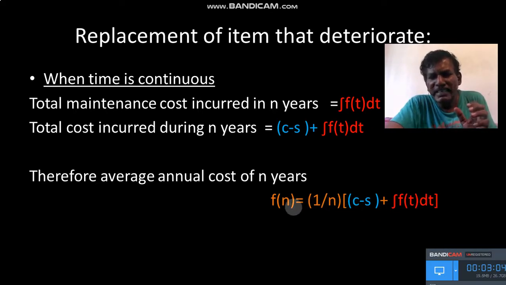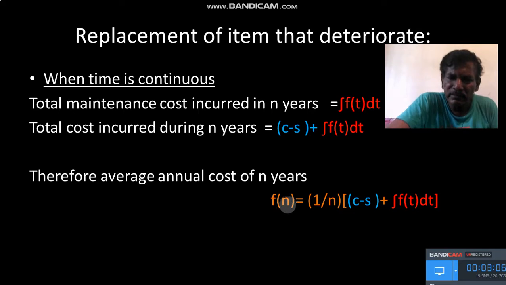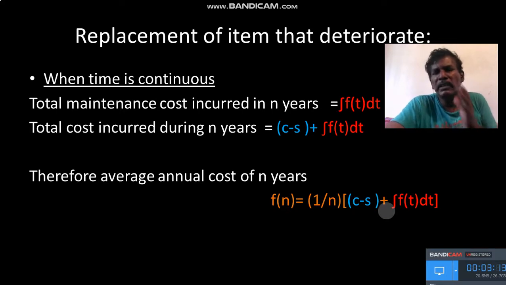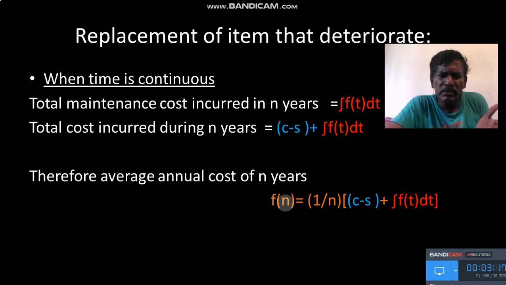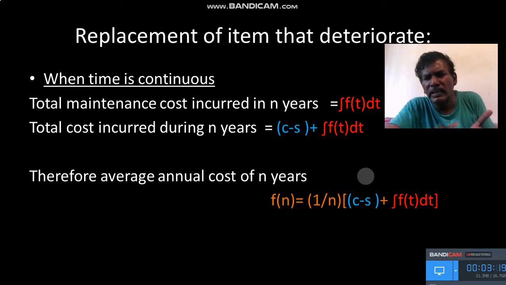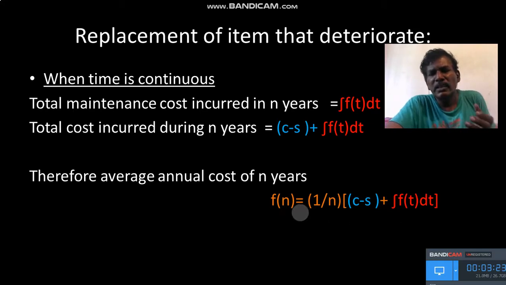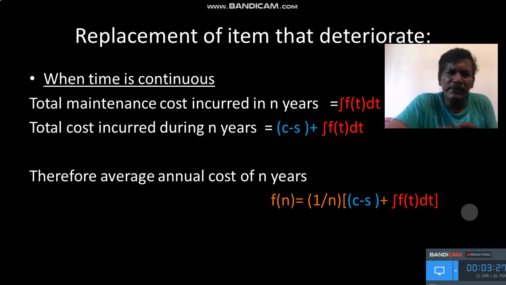For the first year, you put n equal to 1 and use all the other values, and that gives you the average annual cost for the first year. For the second year, you put n equal to 2, so you get 1 by 2, then calculate this, and you get the average annual cost for the second year. Similarly, for as many years as are given, you find out the average costs.